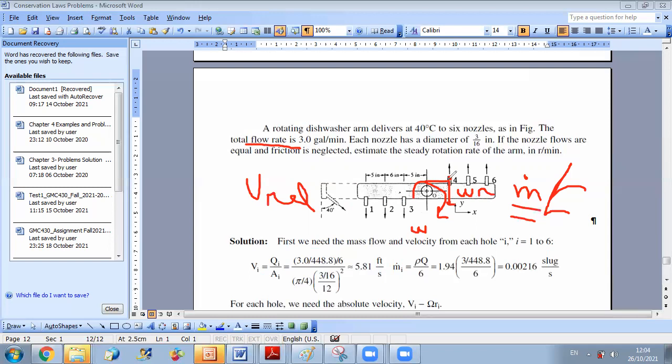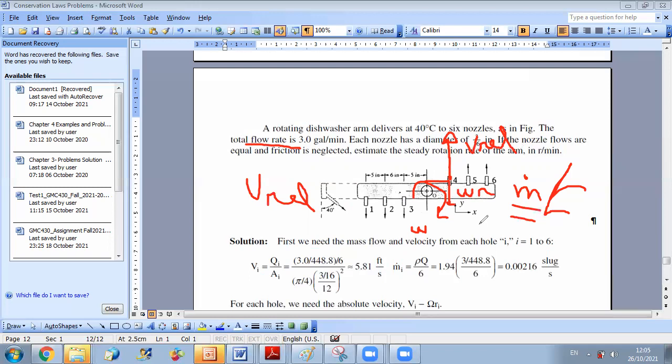R is the distance between O and this point. So I should pay attention that for each point I have the V relative, which is due to m dot calculated, and I have the velocity of rotation.